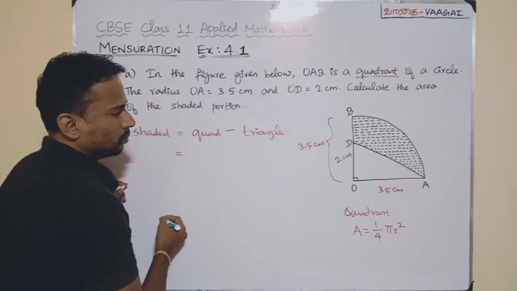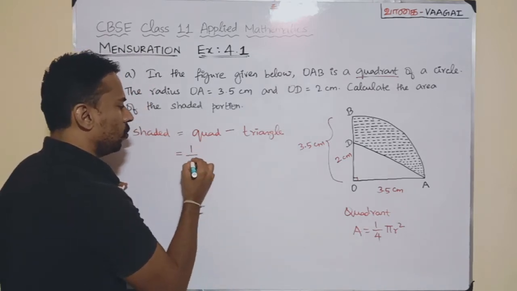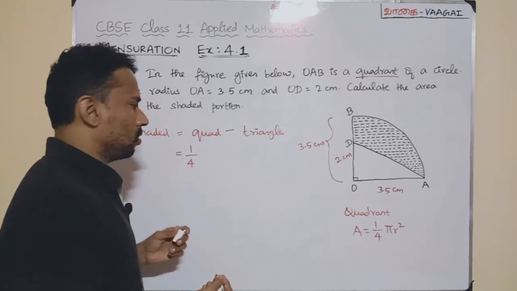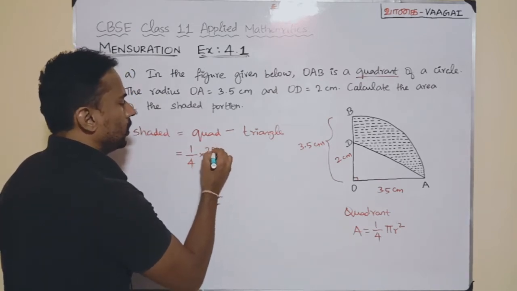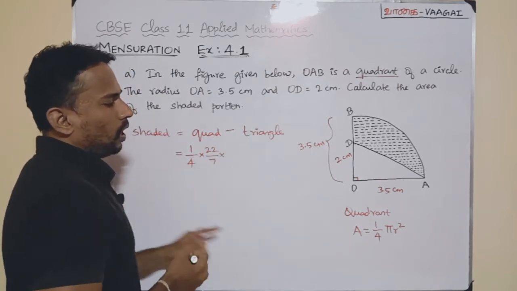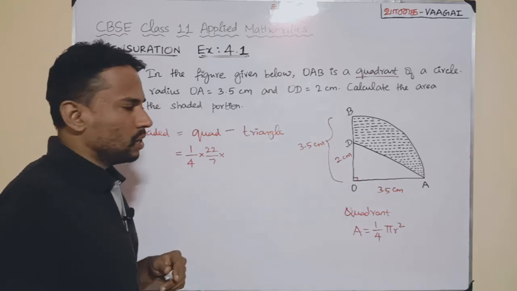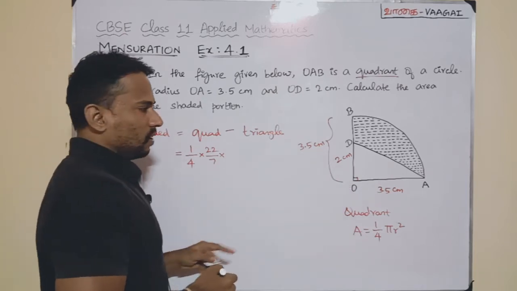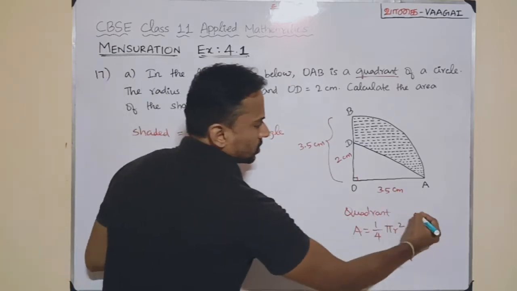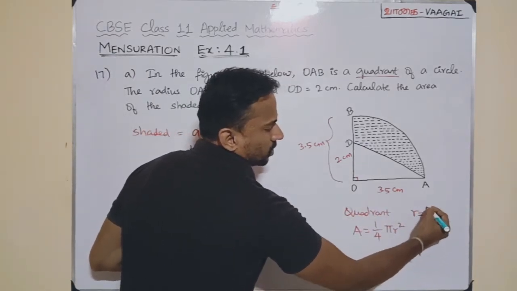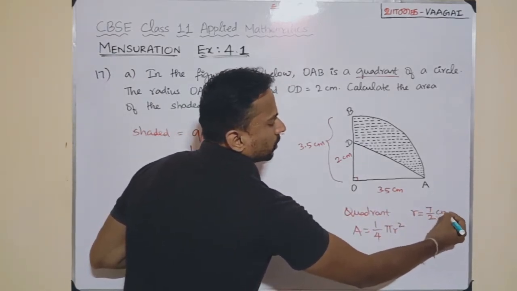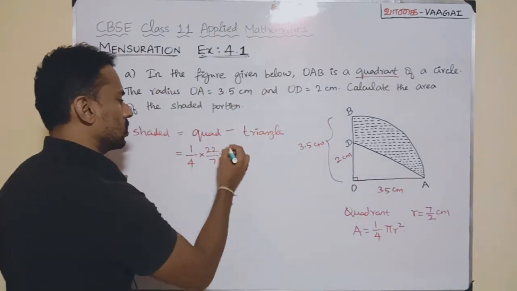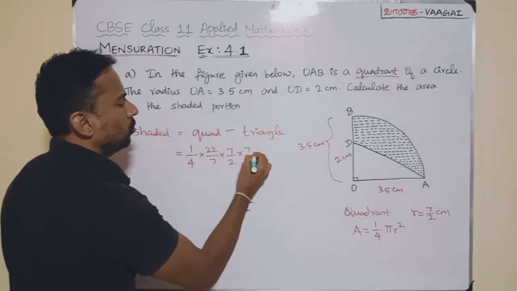So this will be nothing but quadrant's area, 1 by 4 of pi r square. So 1 by 4 into 22 by 7 into, what about r here? R will be 3.5, right? Let me write this radius 3.5 as 7 by 2 centimeter. So 7 by 2 into 7 by 2.